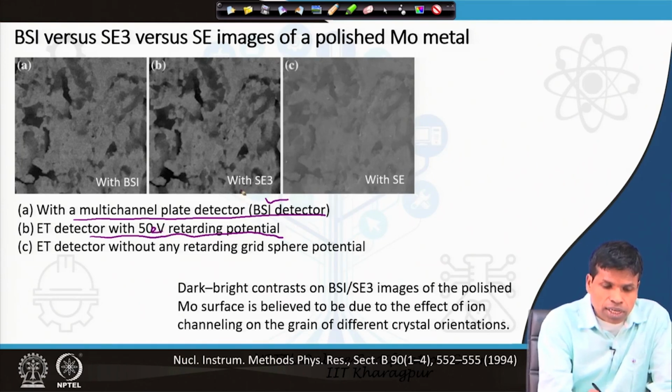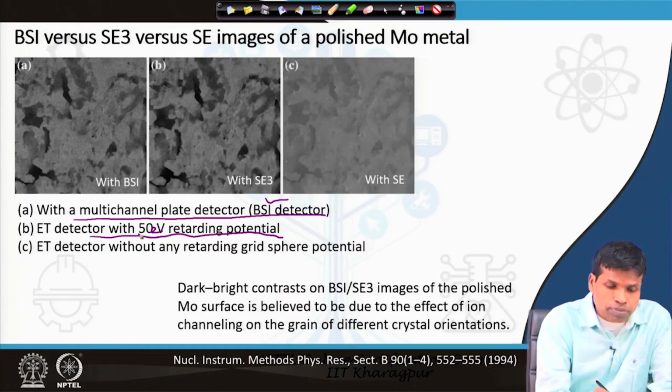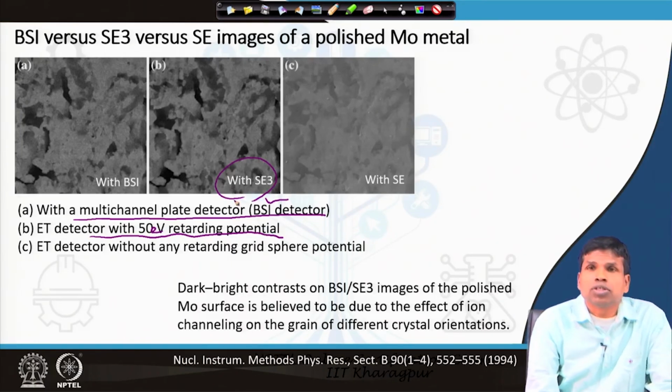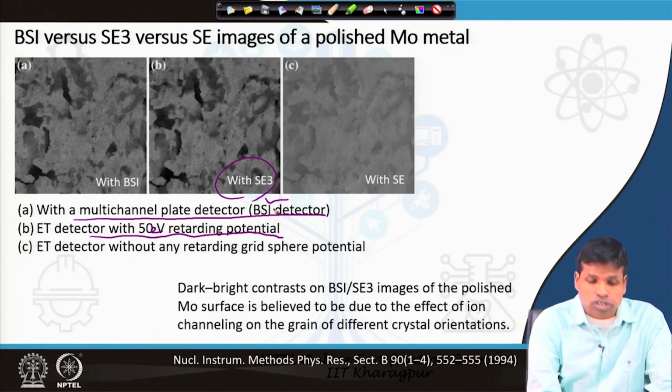That means the grid we are putting around the sample is at 50 electron volt, then we will get the image with only SE3 electrons. So, those SE3 electrons come from the backscattered ions.